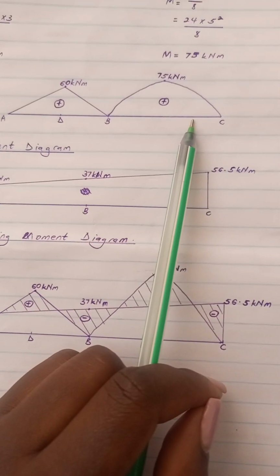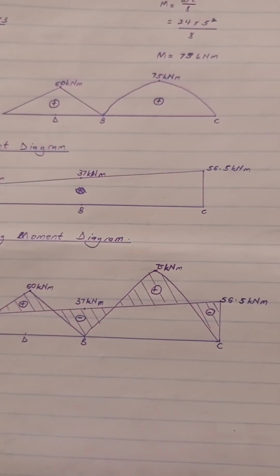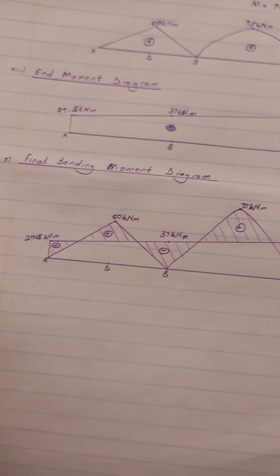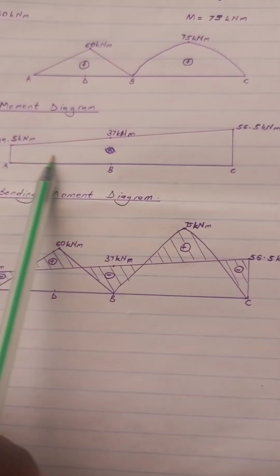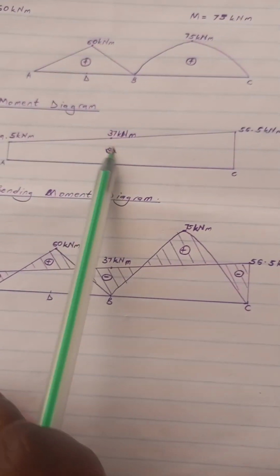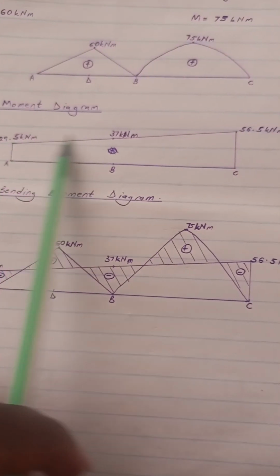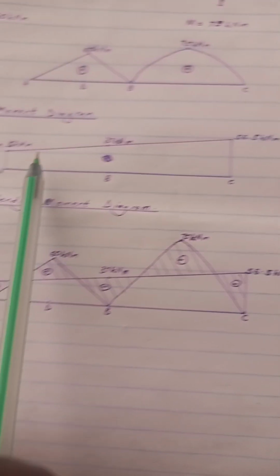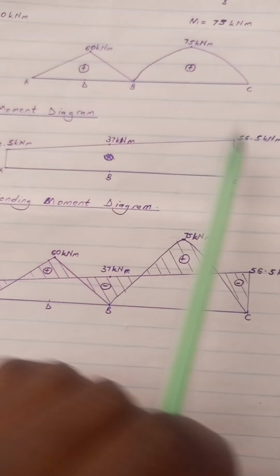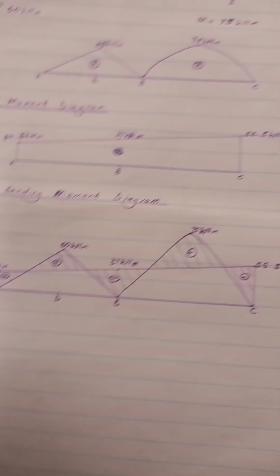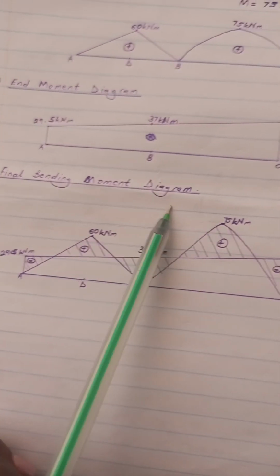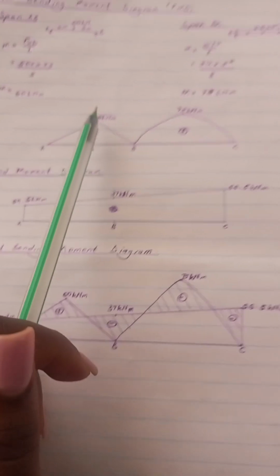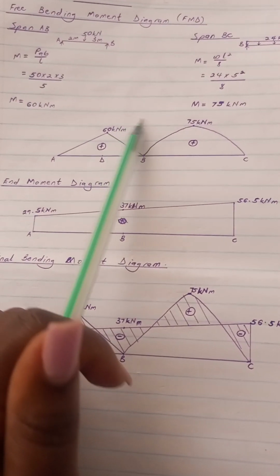And make sure to check your signs very well, because you can write a wrong sign and it doesn't give you good marks. So we have also the end moment diagram, which is literally negative. I just didn't present it here well, but yes, it's here. These values are the ones you got from the moment distribution table. You present them. Then for you to find the final end moment diagram, you combine the end moment diagram and the free bending moment diagram.